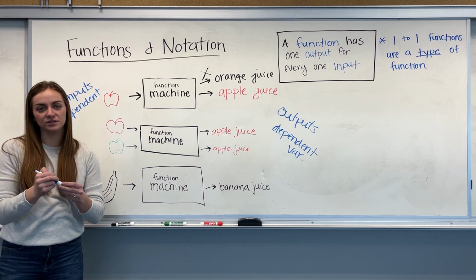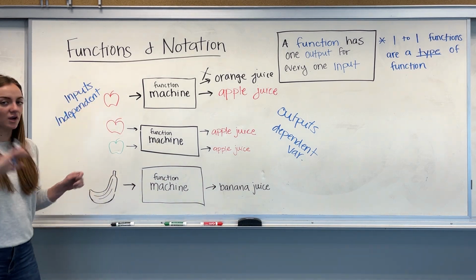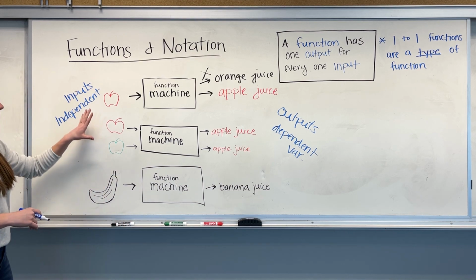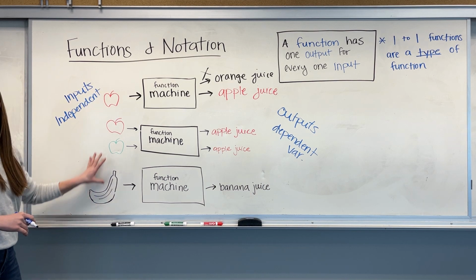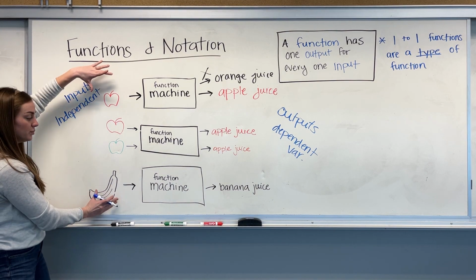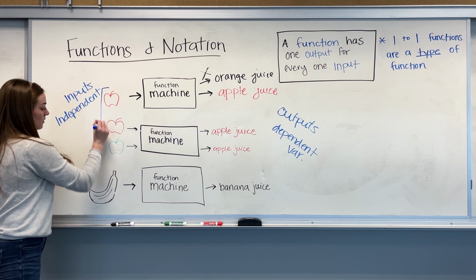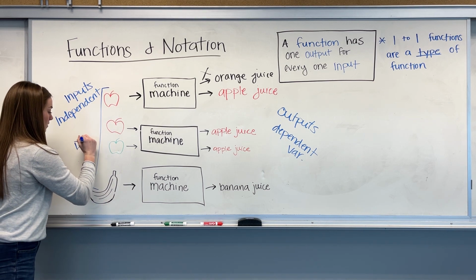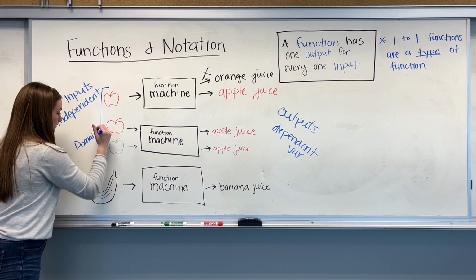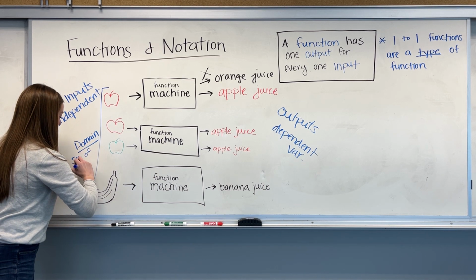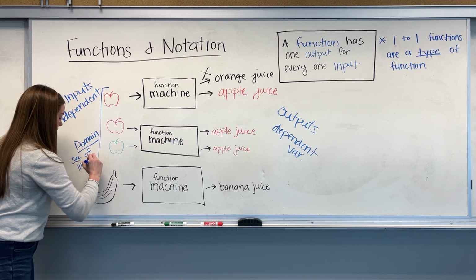Now, I mentioned domain and range. We'll talk about that more in a couple videos, but to kind of get our feet wet, the domain is the set of inputs. So all of these inputs grouped together are called the domain. So the domain is a set of inputs, like that.